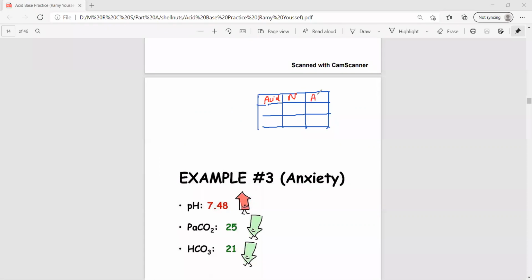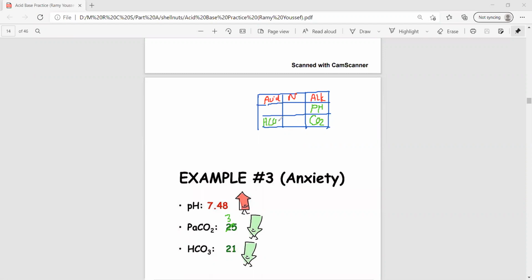So pH is high, so it's alkalotic. The CO2 is low, so it's alkalotic. And then bicarb is low, so that is acidotic.